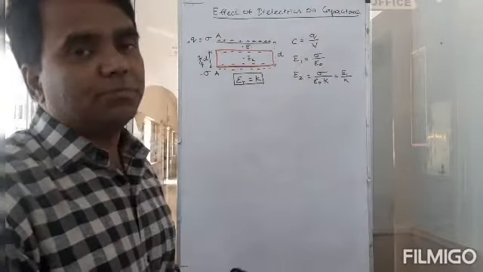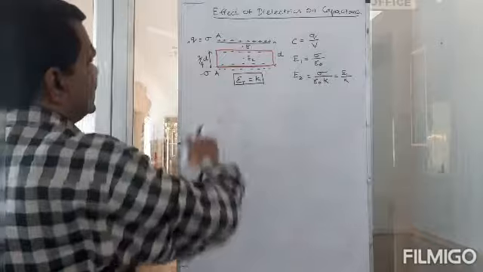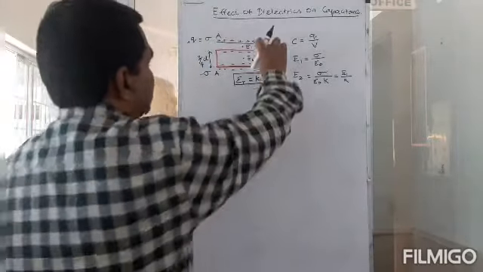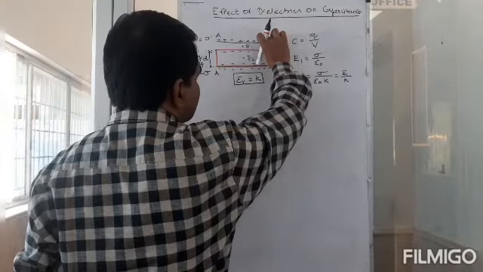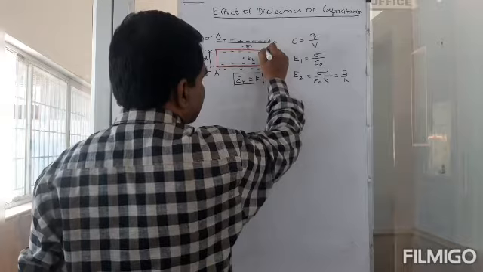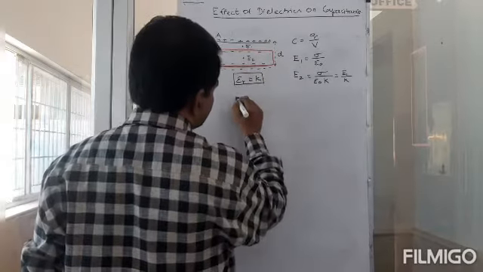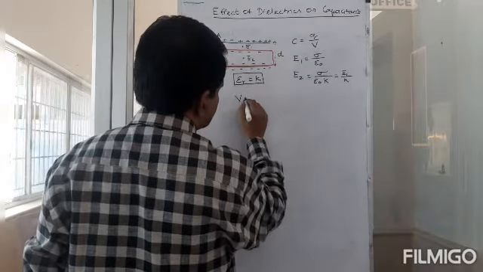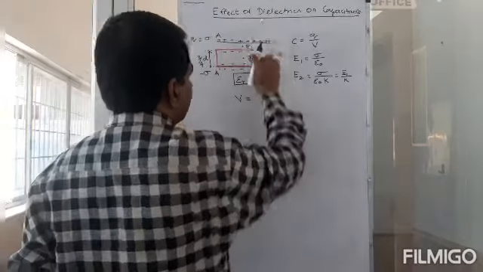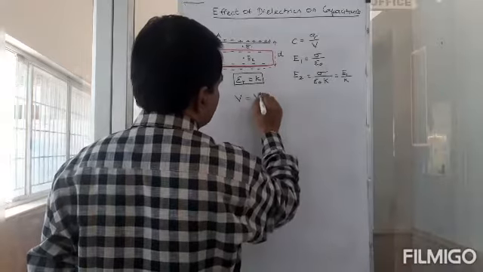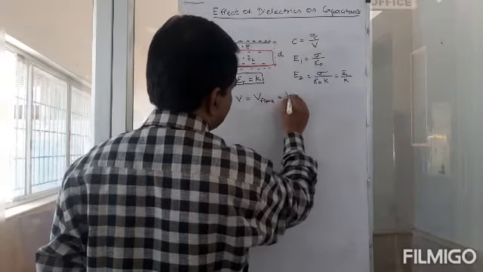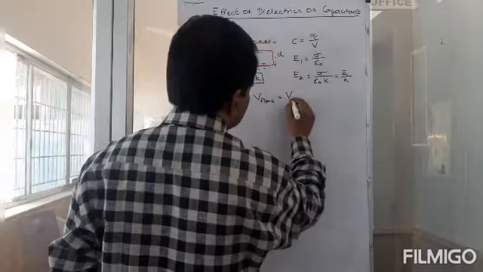Now with these two things, I need to find the potential difference between the two plates. The potential difference between the two plates is equal to the potential difference in the free space plus the potential difference within the dielectric.